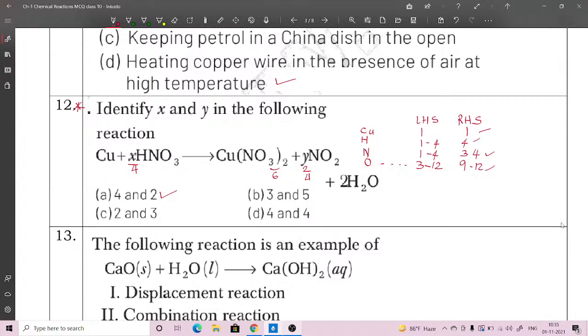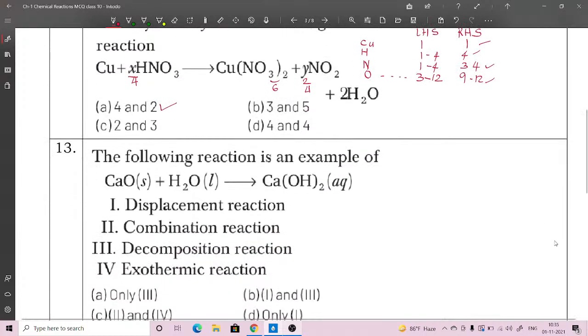Let us move on to question number 13. The question is: the following reaction is an example of... the reaction is given to you, and you are going to identify what type of reaction it is. We have displacement, combination, decomposition, or an exothermic reaction.